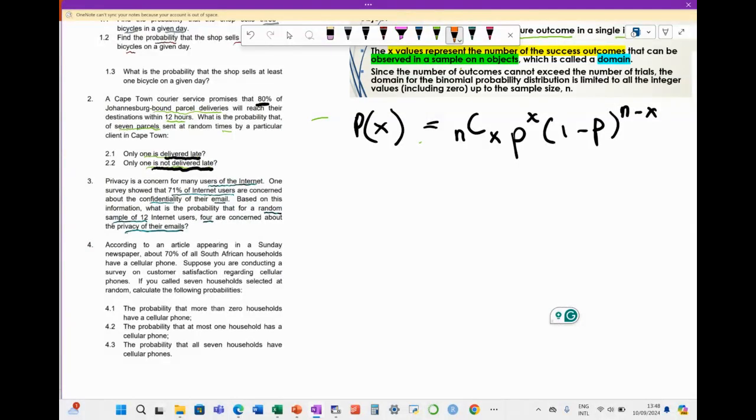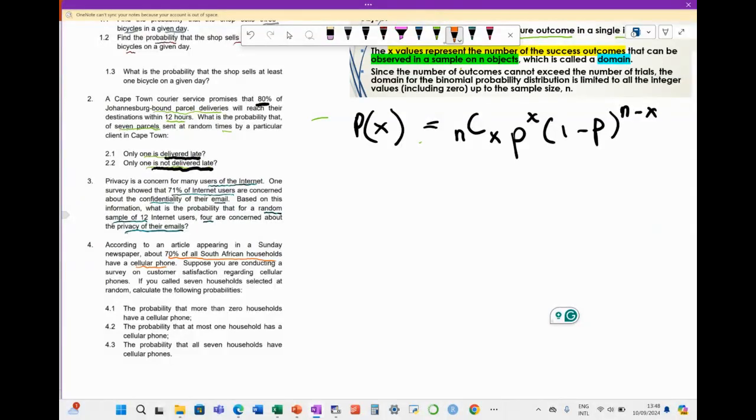So here, number 4. Here they're saying, according to an article appearing in a Sunday newspaper, 70% of all South African households have a cell phone. Suppose you are conducting a survey on customer satisfaction regarding cellular phones.